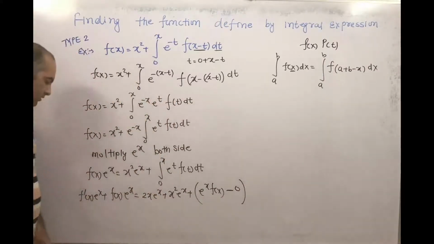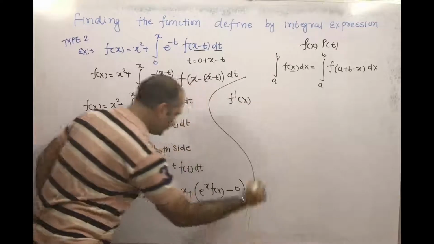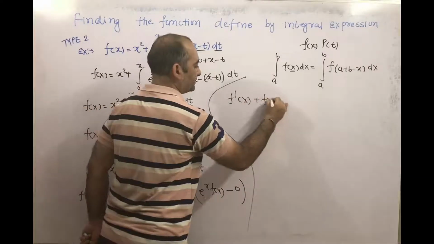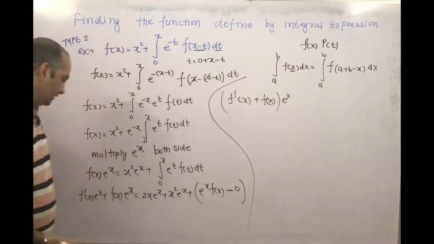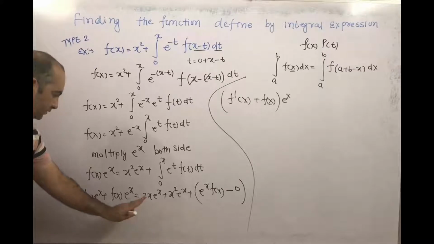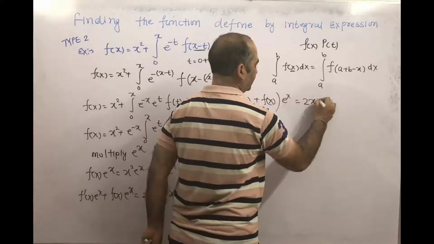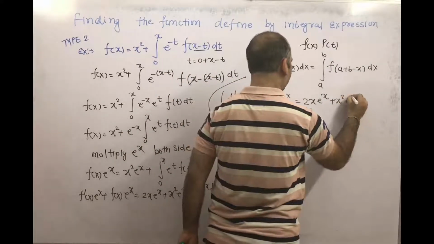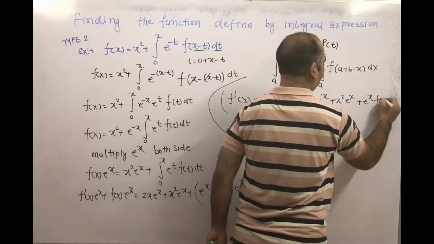So we get f dash x e power x plus f of x e power x, equal to 2x e power x plus x square e power x plus e power x f of x.